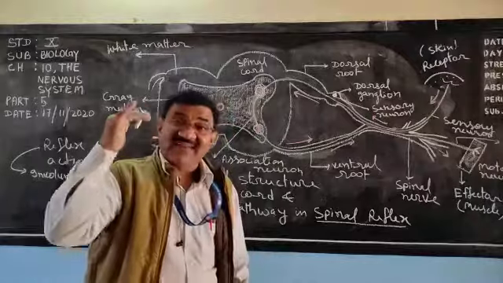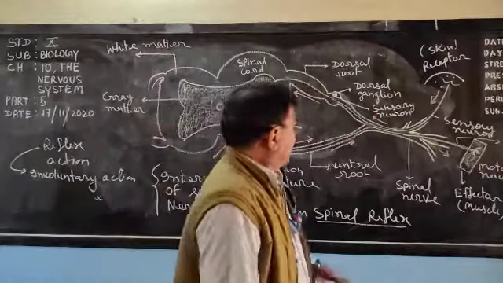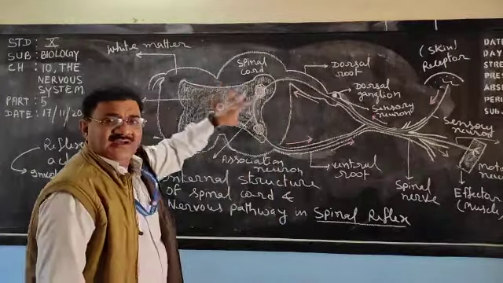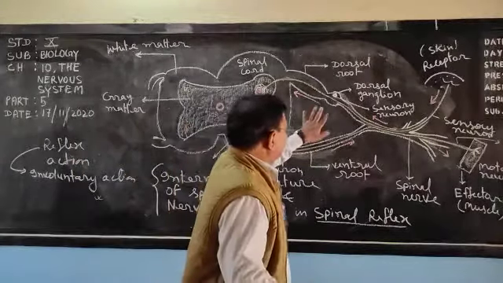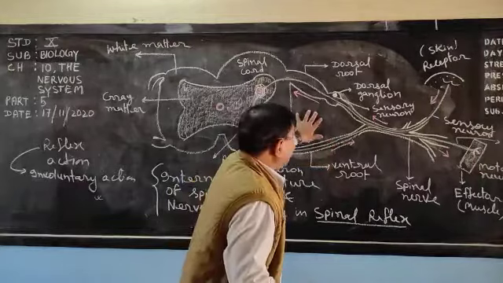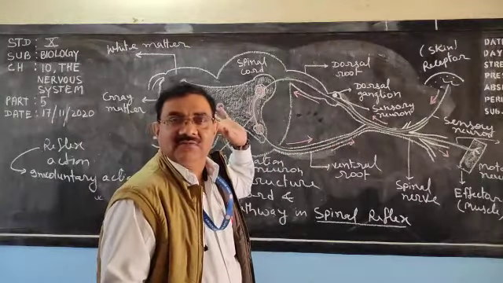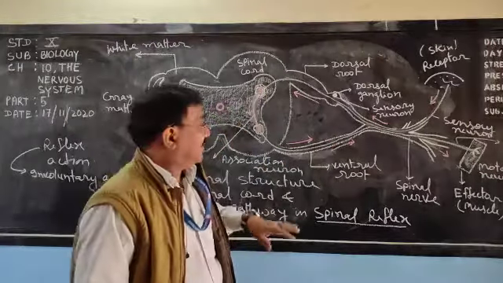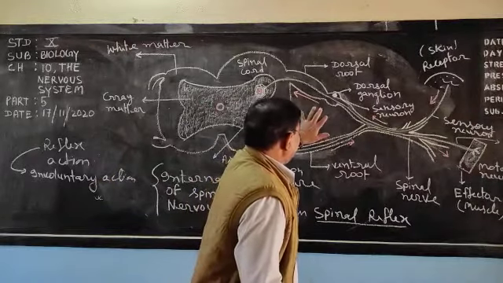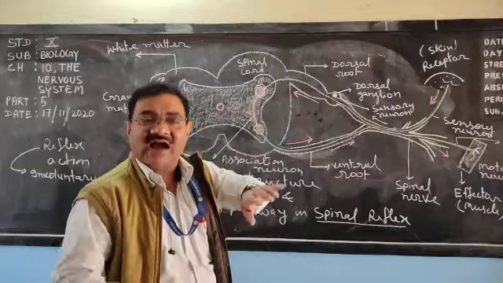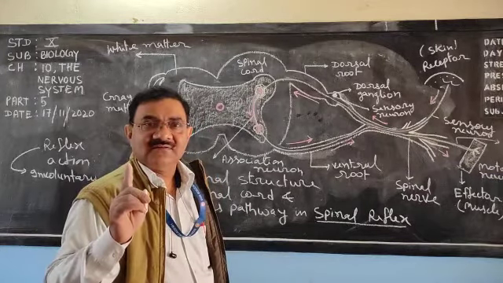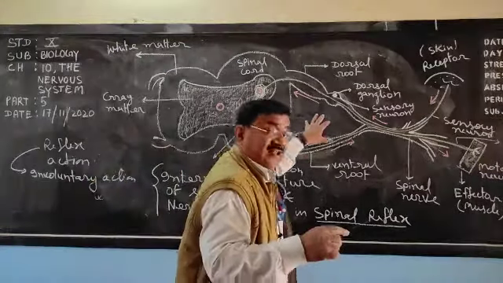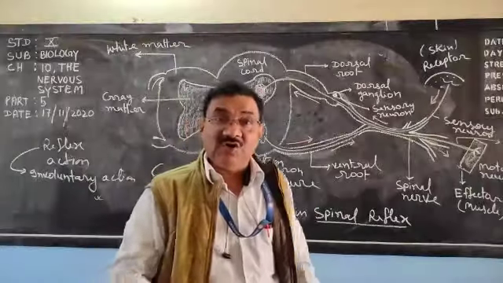Now, where can we see reflex action? Suppose our blackboard is a hot object and I am touching it. As I touch, I remove my hand. Since it is hot, I touched and I removed my hand. How is it possible? Will this impulse go to the brain?